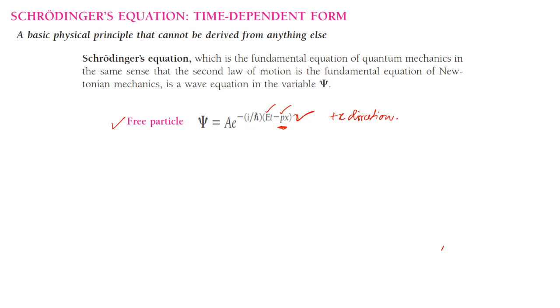But we are interested in a situation where the motion of the particle is subjected to various restrictions, that is, the particle is subjected to a certain kind of force. Then what will be the expression for the wave function?